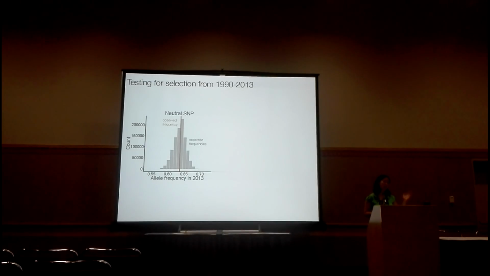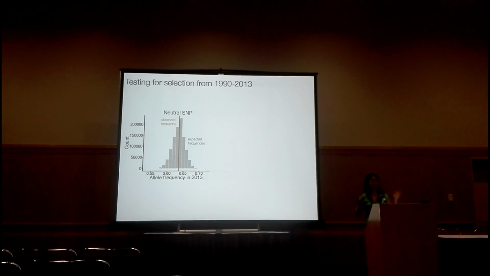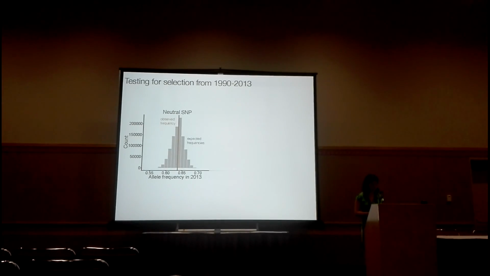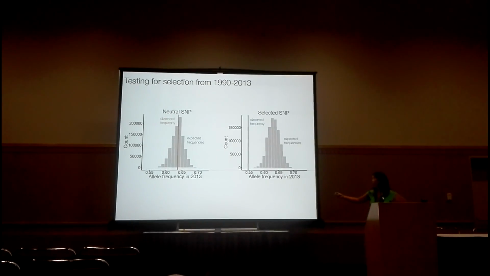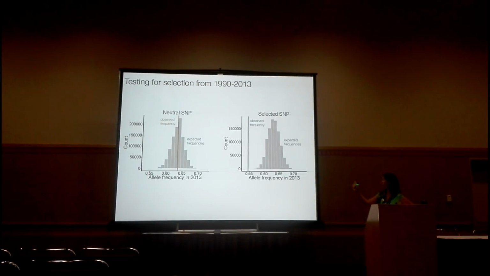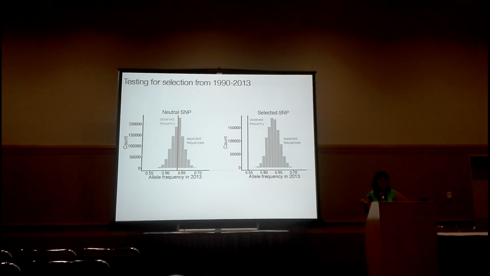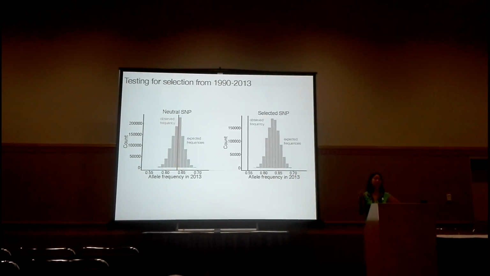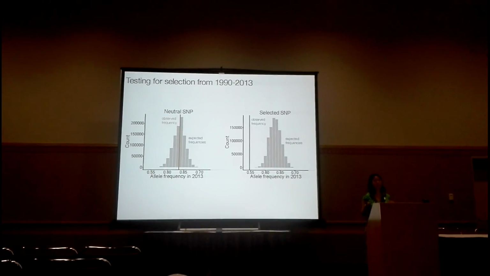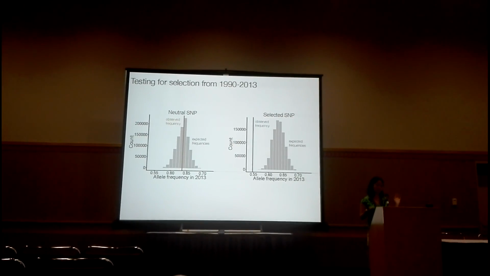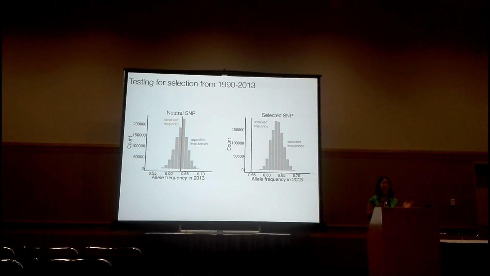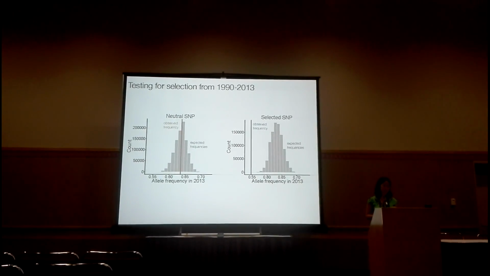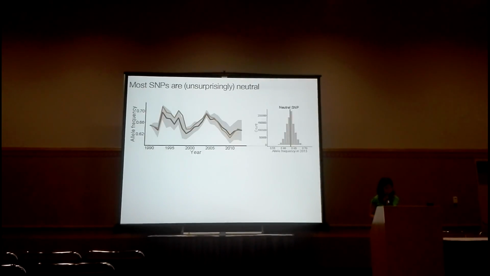For both SNPs, if the actual observed frequency in 2013 lies within this distribution, then there's no evidence for selection. And we're looking for SNPs where the observed frequency is actually outside the distribution. And we can calculate empirical p-values by counting up the number of simulations where the simulated frequency is more different from the median compared to the observed frequency.